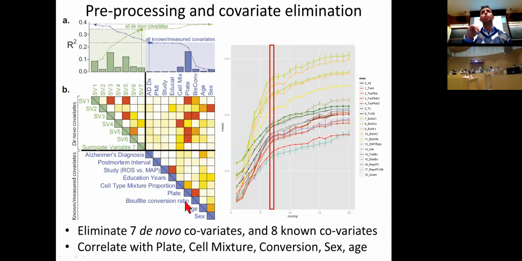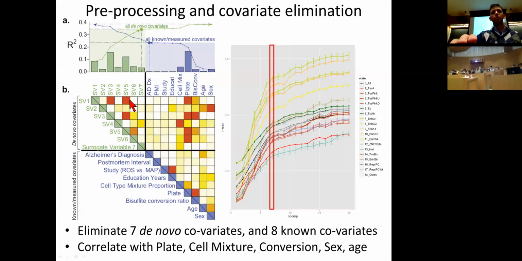So when you measure methylation, what you do is treat your DNA in a way that distinguishes CpG methylation from non-methylated regions. And then how much of that bisulfite treatment you carried out can be quantified as the bisulfite conversion ratio. And then the age and the sex of the individuals.